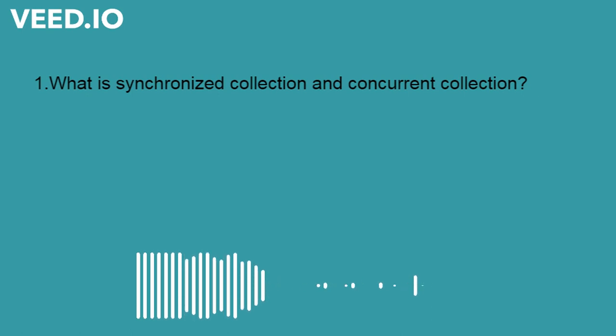Let me explain the concurrent collection first. This is fail safe actually. Let me give an example of hash map. If we use hash map and iterate over the hash map entries and try to modify any value, try to add or remove any value, it will give us a concurrent modification exception.